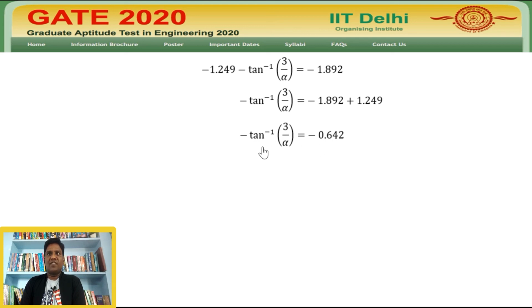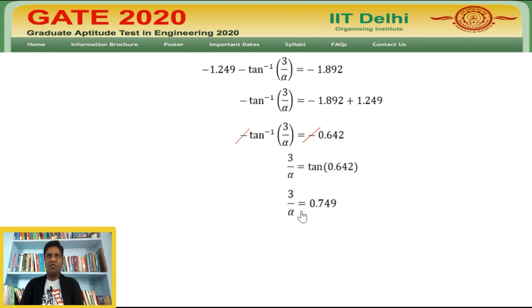In this equation, the minus on the left hand side and the minus on the right hand side cancel each other, and shifting the tan inverse term to the right hand side, the equation will be 3 divided by alpha equal to tan of 0.642. The value of tan of 0.642 is 0.749. Then the equation will be 3 by alpha equal to 0.749. Next, shift alpha to the right hand side and 0.749 to the left hand side, and they will take the numerator and denominator places respectively.